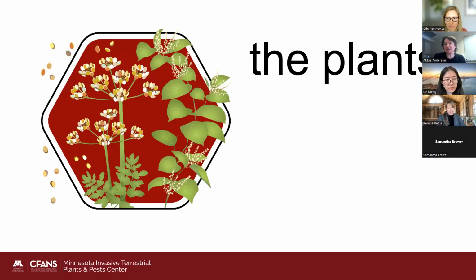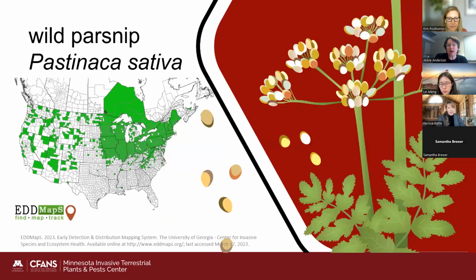We studied, as I said in the title, it's all about invasive plants. So the two plants we studied are regulated noxious weeds in the state of Minnesota. They come from other parts of the world and they do cause harm in Minnesota. The first plant is wild parsnip. This is a map of where it's reported in North America. And as you can see, it's been reported in most of Minnesota.